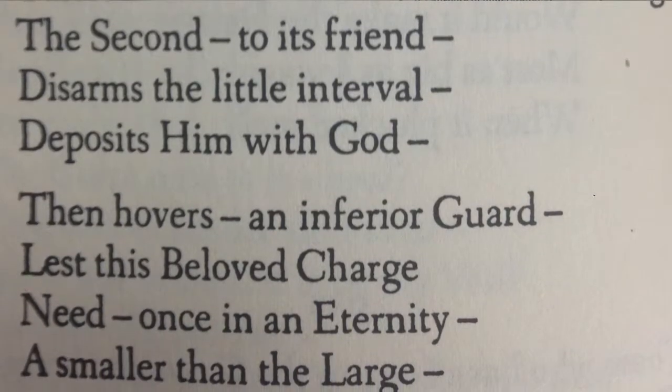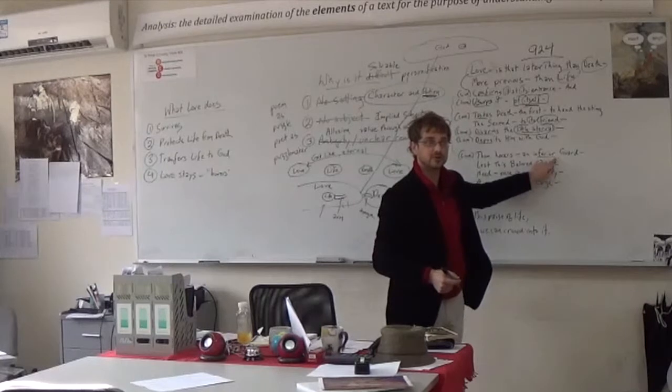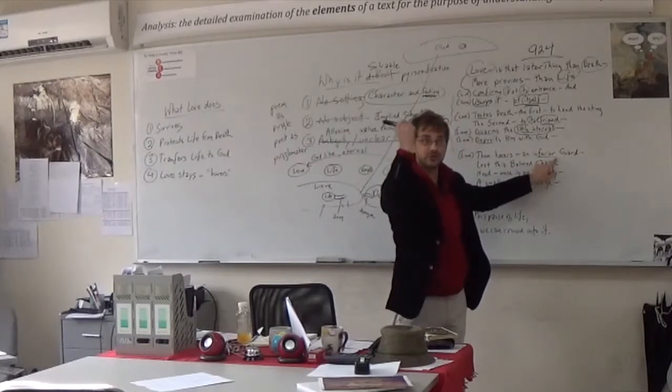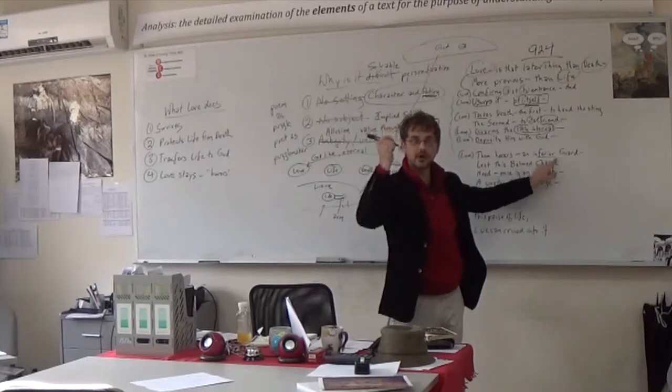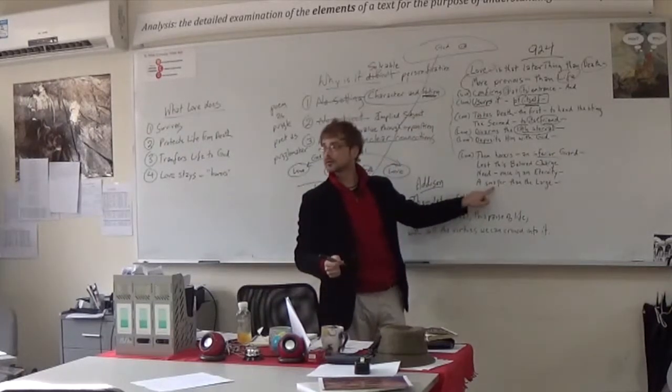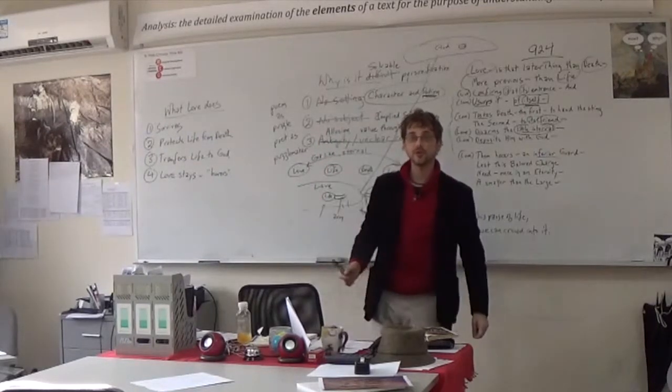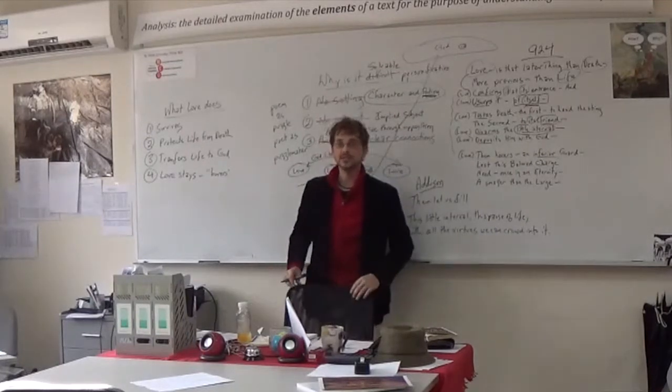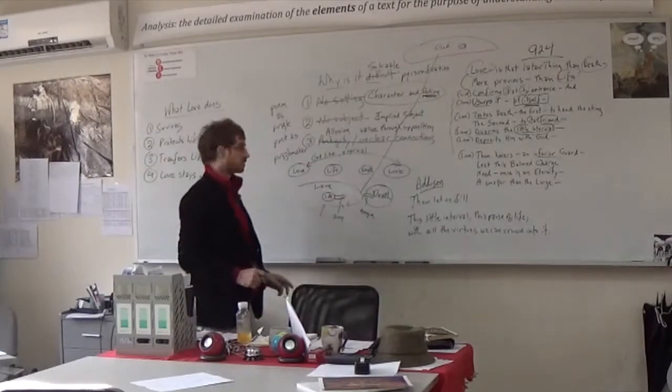Because only when there is an inferior guard can there be a superior guard. Why is love the smaller than the large? Well, because only when there's a smaller can there be a large.